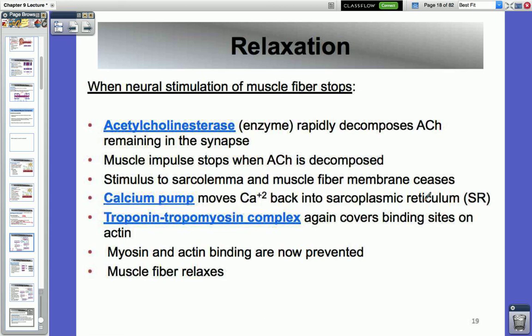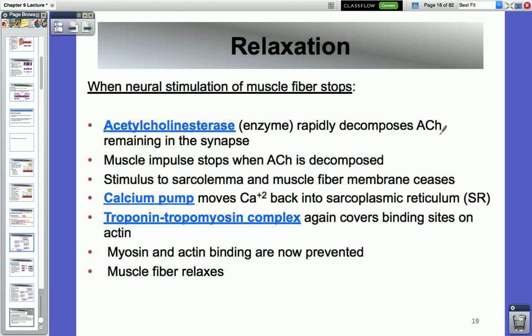Those synaptic vesicles are releasing the neurotransmitter acetylcholine, and acetylcholine is what's going to start this whole thing off. So this neurotransmitter is still within the synaptic cleft. Then we need to get rid of it if we want the neural stimulation to stop. And so in order to break down acetylcholine, we have an enzyme, acetylcholinesterase, that's responsible for breaking down acetylcholine.